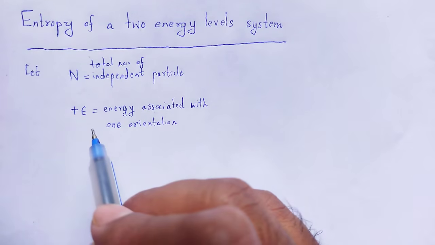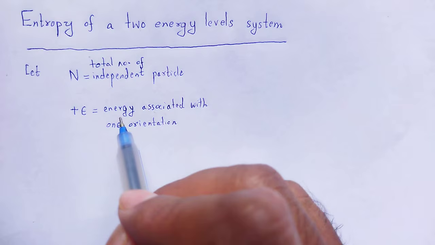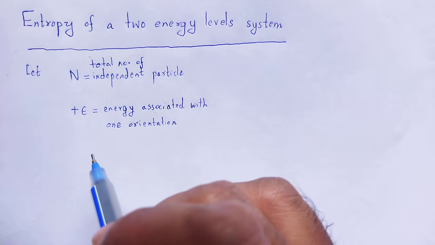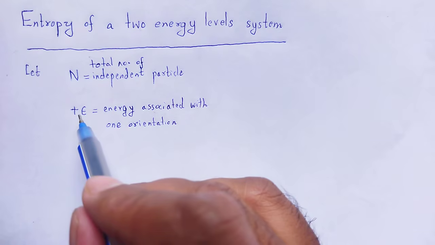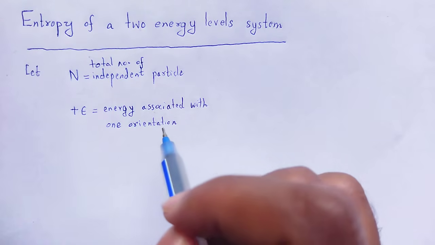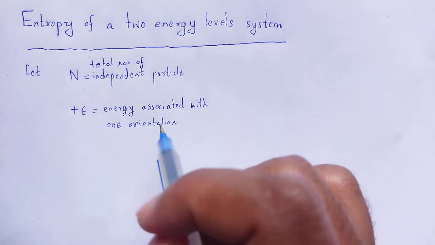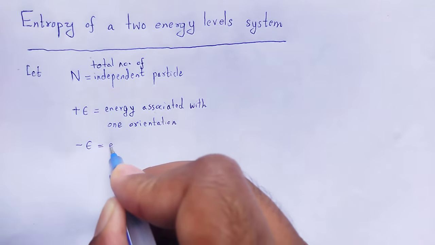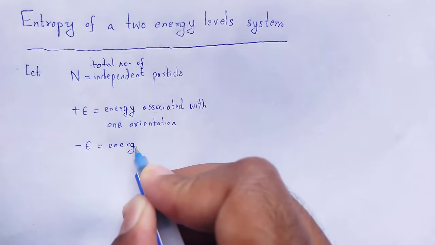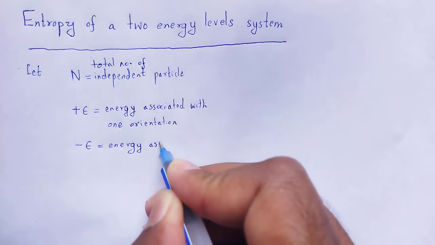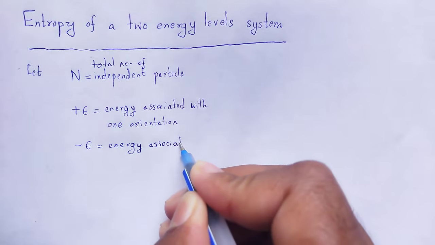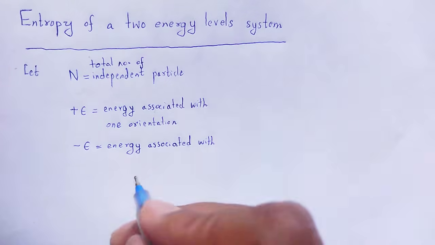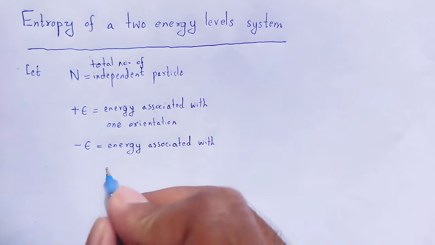It has two orientations, one parallel, another antiparallel to that of the external magnetic field. So plus epsilon is the energy associated with one orientation. Similarly, minus epsilon is the energy associated with the other orientation.